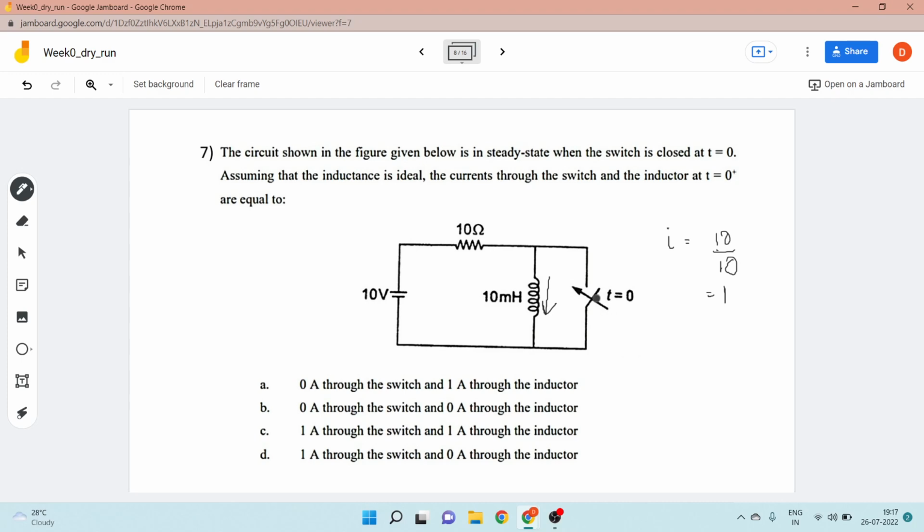So as soon as the switch has been closed, all the current is passing through the inductor. So through the switch, as the question asks, the current will be 0, and the current through the inductor will continue to flow at t equal to 0 plus, that is when the switch has just been closed. So the option will be option A.